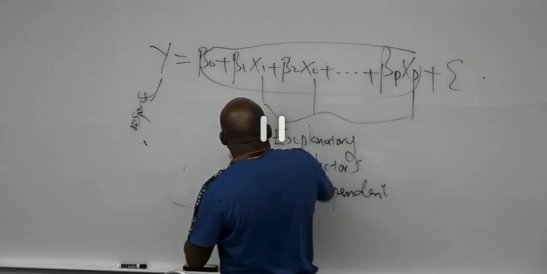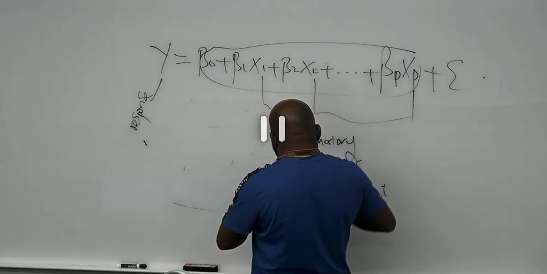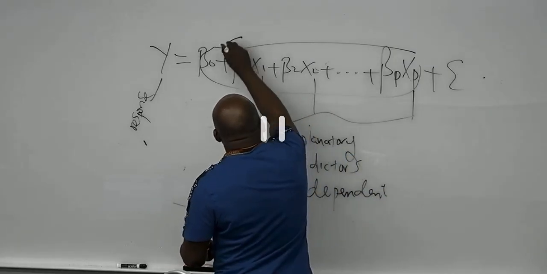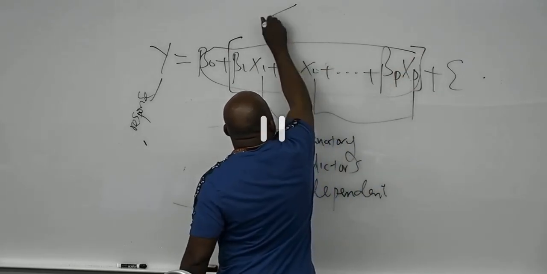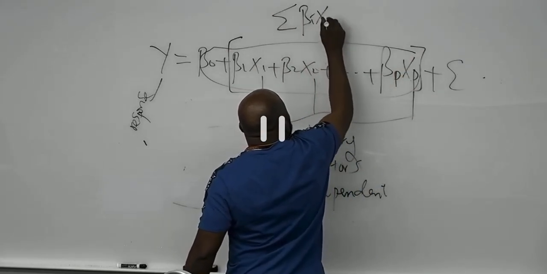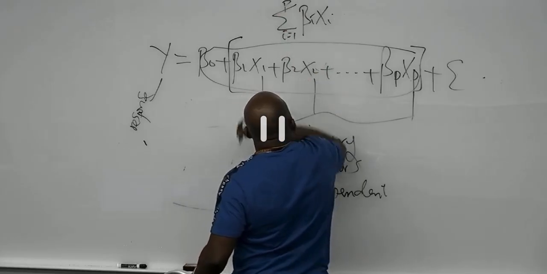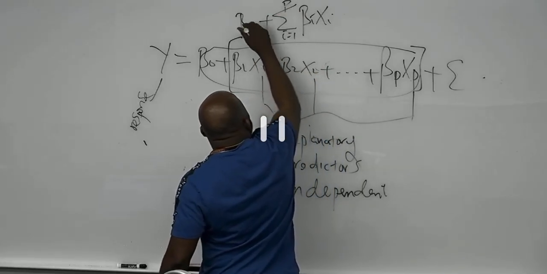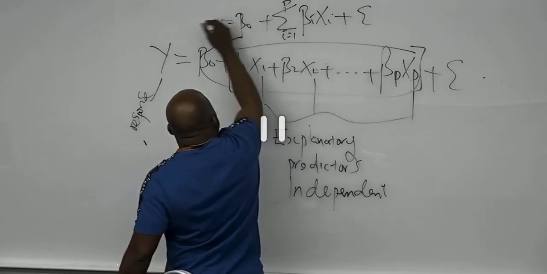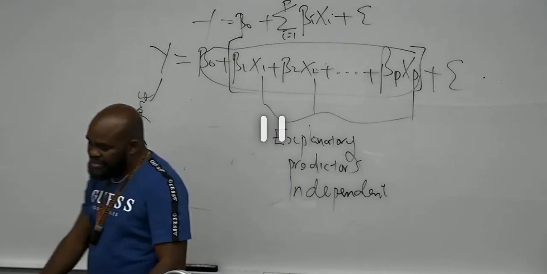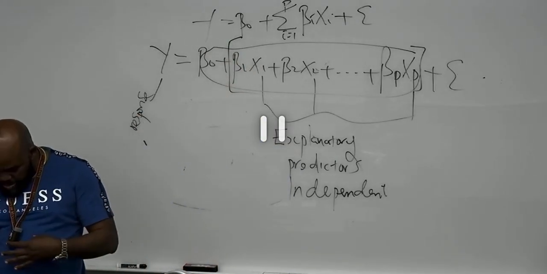If you take a look at what I have now, from beta1, beta2 to betap, I can rewrite that as the sum of beta_i x_i, with i starting from 1 to p. So here, beta naught plus the error, and this is Y. This is a model specification.